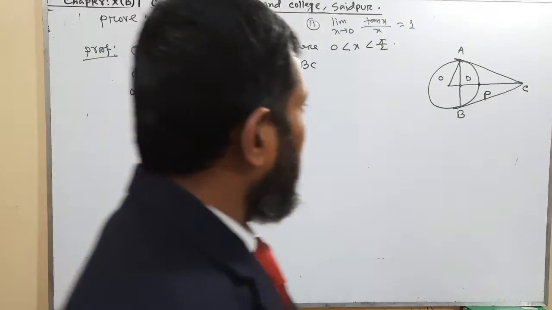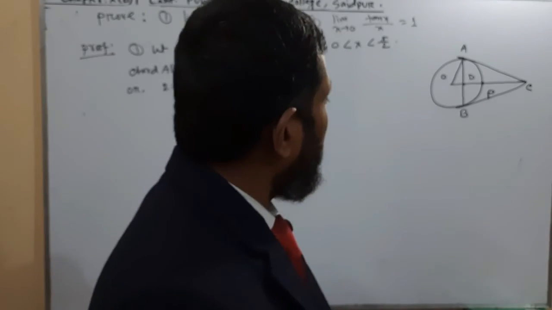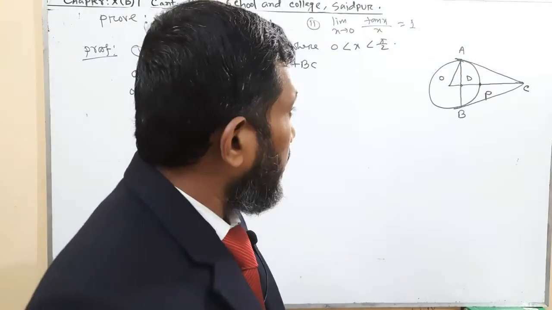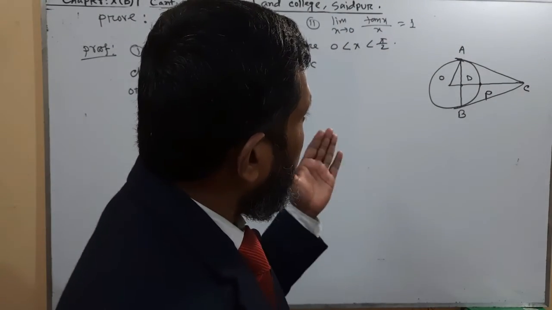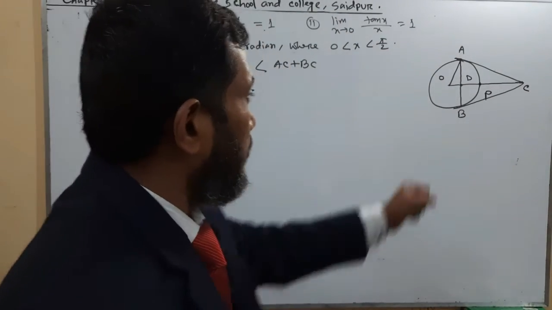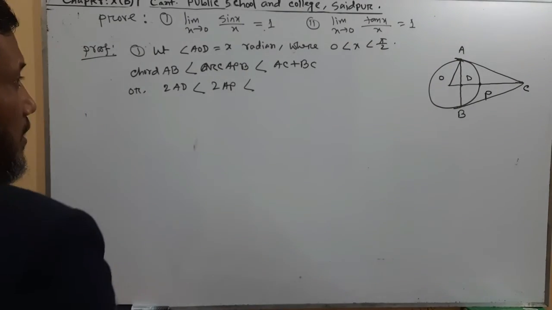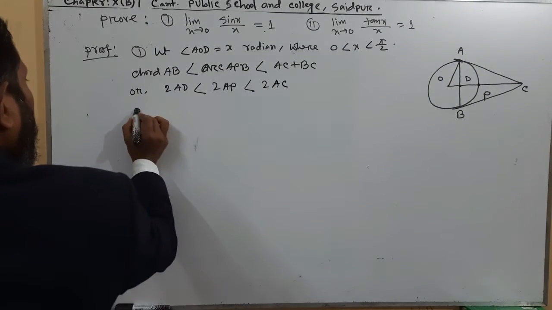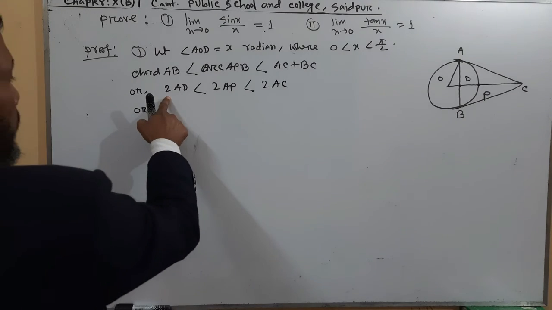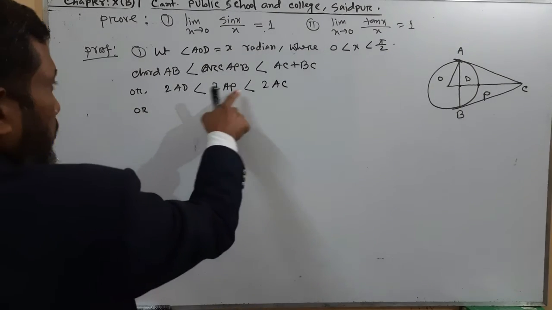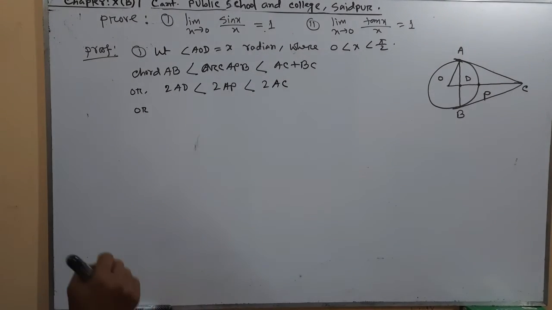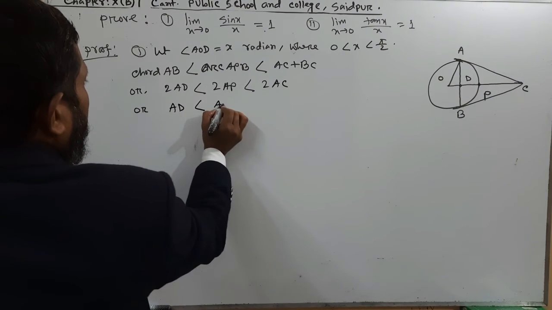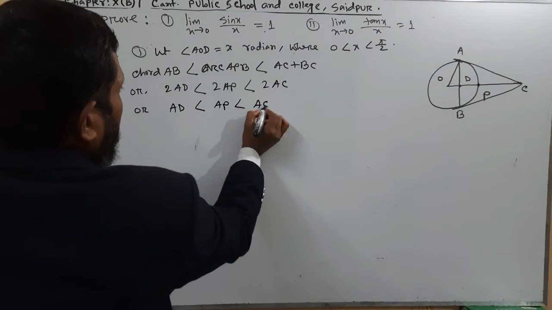We know the tangents drawn from an external point have equal length, so AC and BC are equal, and we can write 2 AC. We can cancel these 2, then we get AD less than arc AP less than AC.